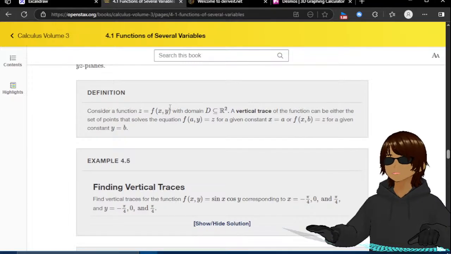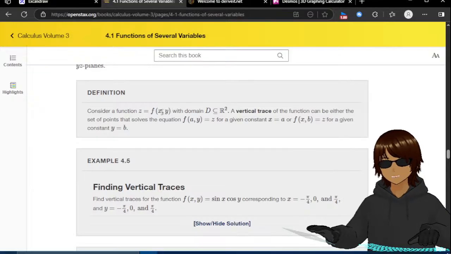So we keep one of the two constant and we check the graph when one of them is a constant.